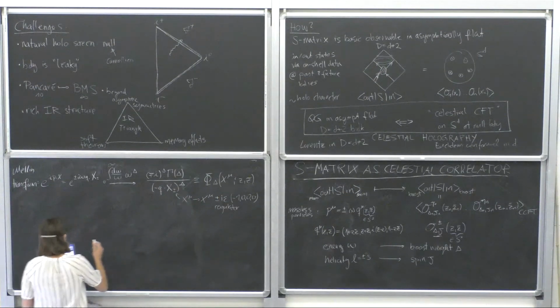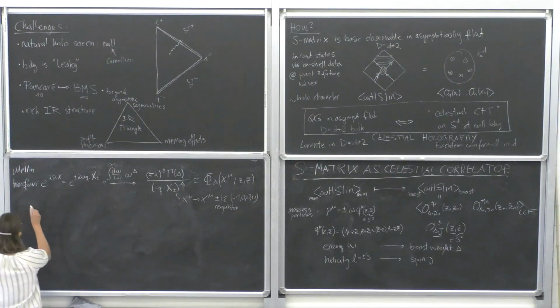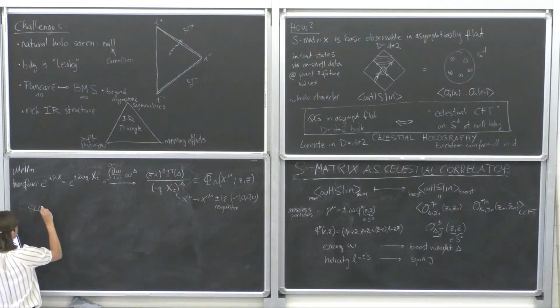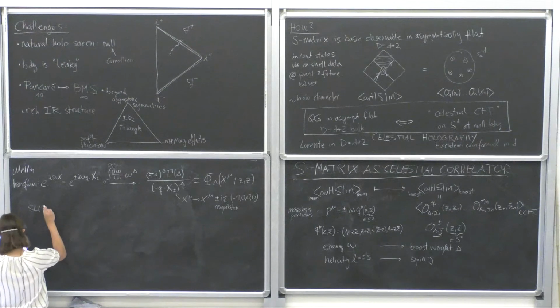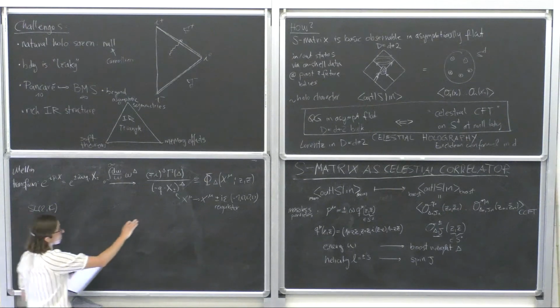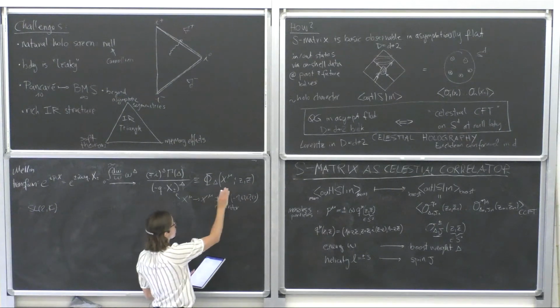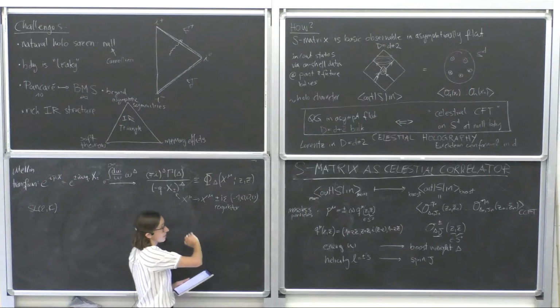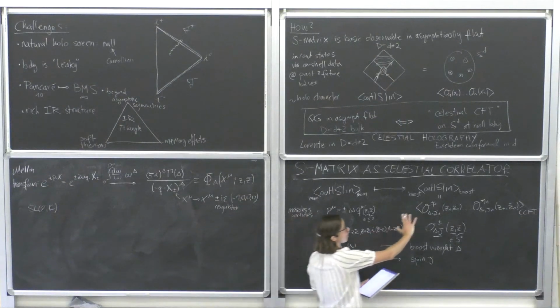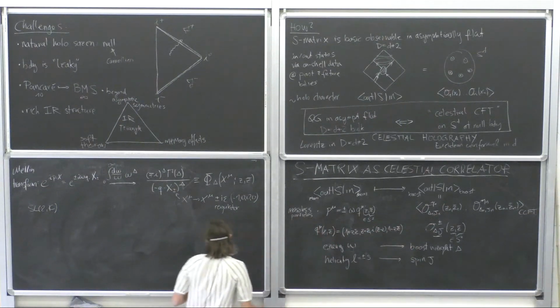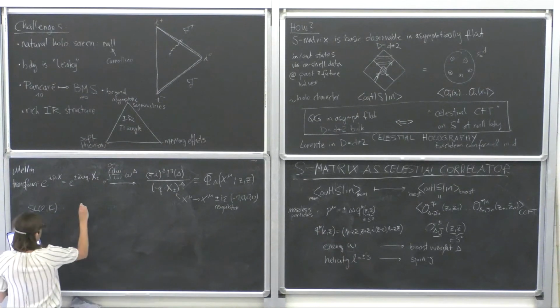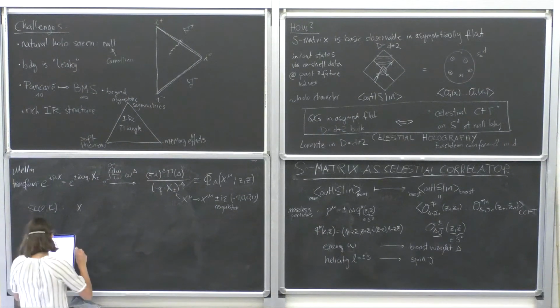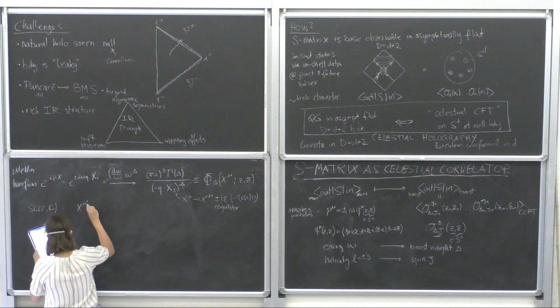And the check that we have to make is that under SL(2,C) transformations of both the bulk coordinates and the boundary coordinates, this object transforms as a conformal primary with dimension delta. If that's the case, then we're happy. We have found something that looks like a natural object in CFT. So I'll get to your question, but let me write down a little bit more. Otherwise, I will not finish.